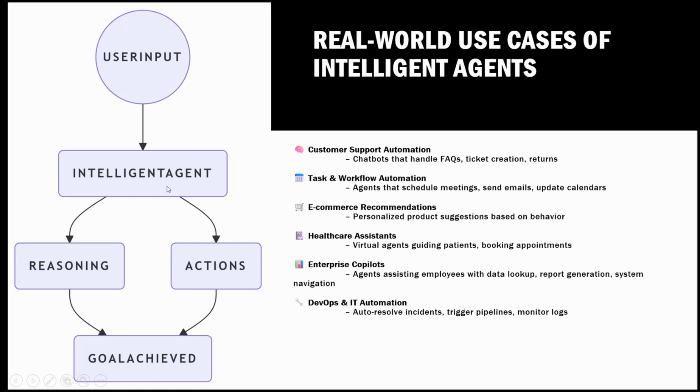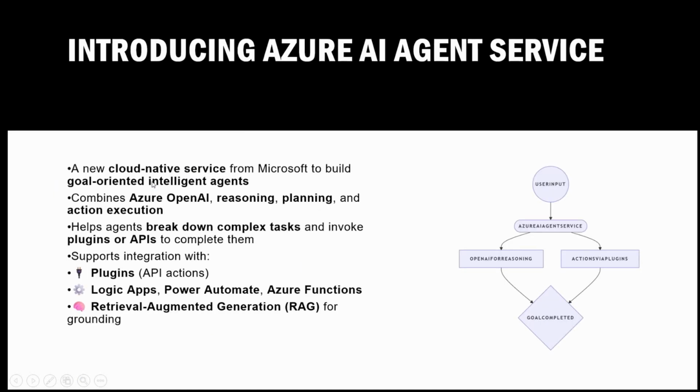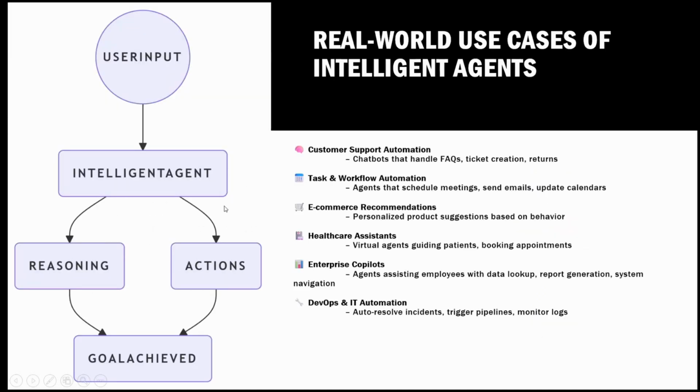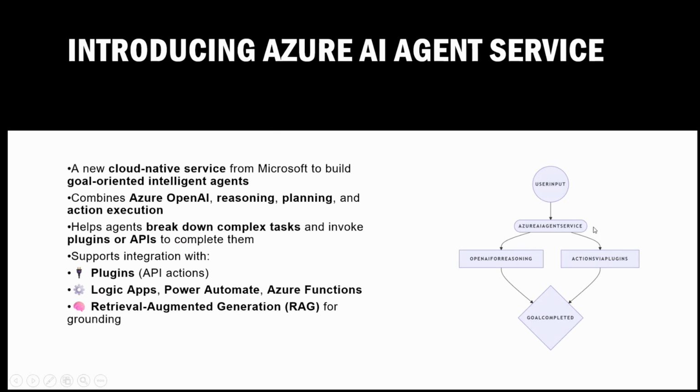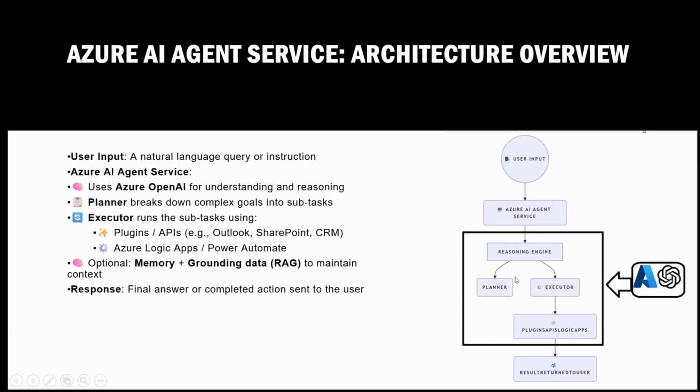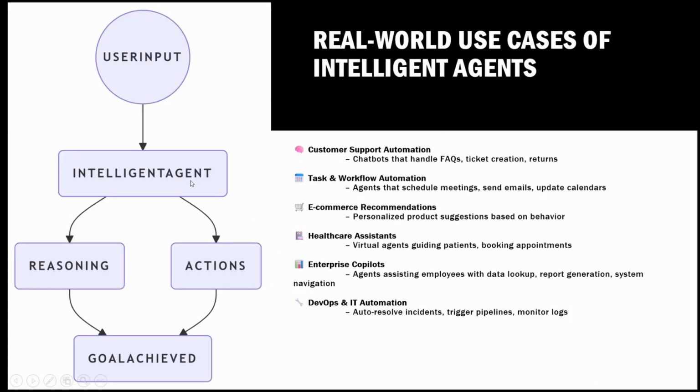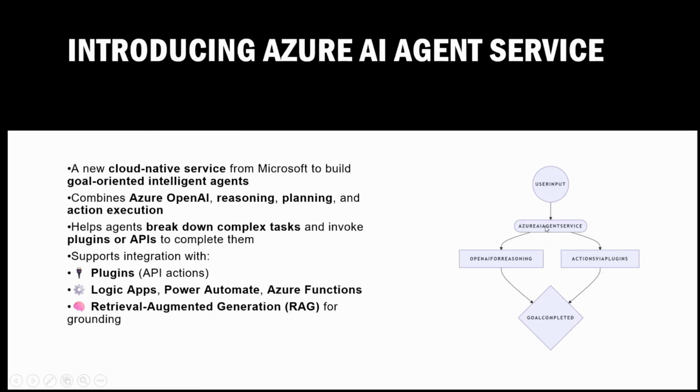When you compare this flow chart and this flow chart, you can observe that the intelligent AI is replaced with the Azure AI Agent Service, and all other things remain the same. You have reasoning and actions being performed here, and then you achieve the goal, in the same way you would use the Azure AI agent as well.